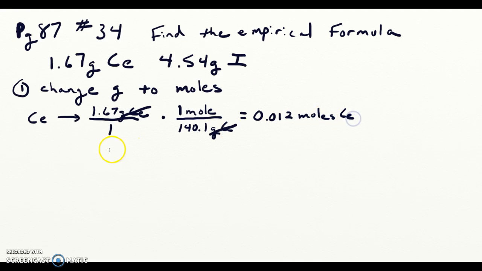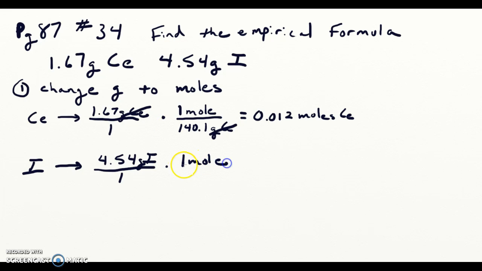cerium. Alright, so now let's do the same for iodine. Iodine, it says it has 4.54 grams iodine all over 1. And again, I look at the periodic table, it's the same type of conversion factor, but because it is iodine, it has a mass of 126.9 grams iodine.